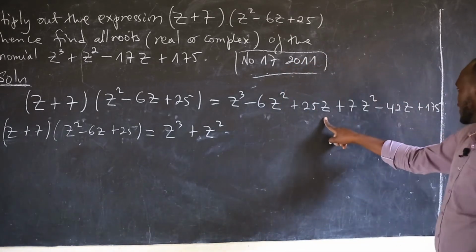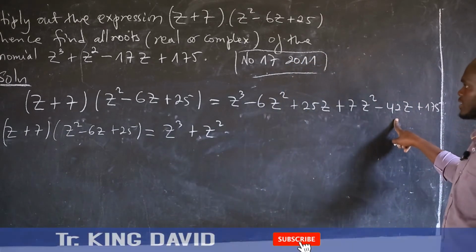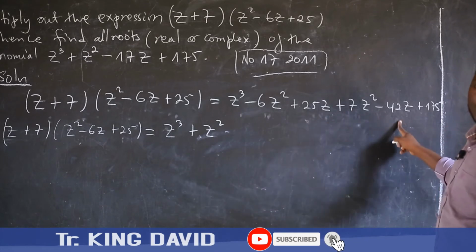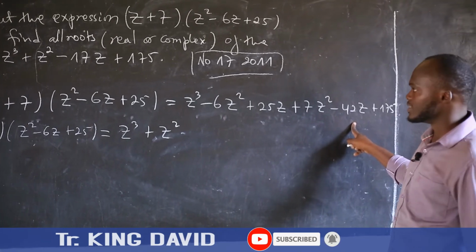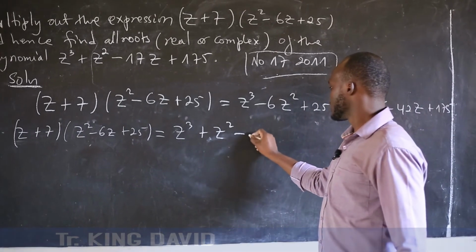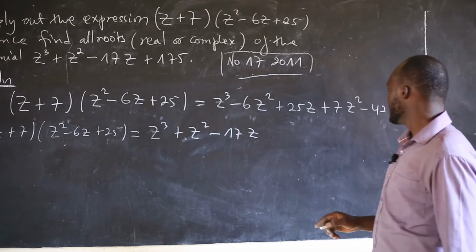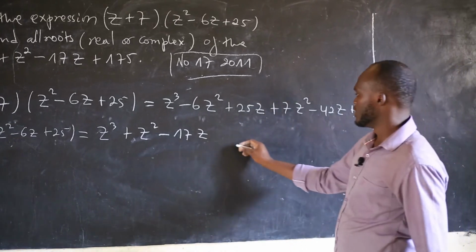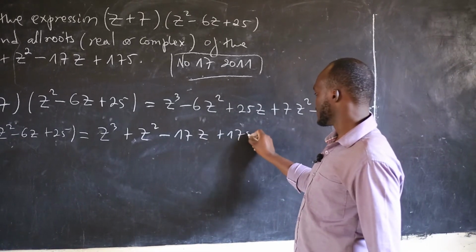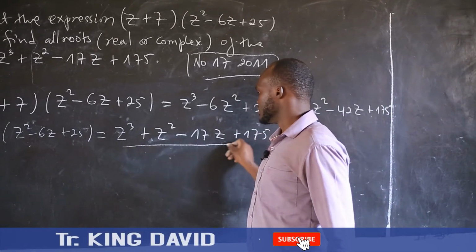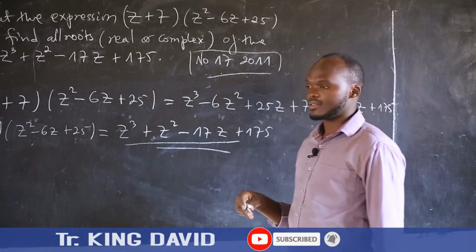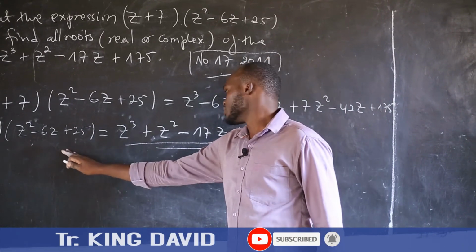So we have 25z minus 42z. So 25 minus 42, that is negative 17z. Then plus 175. So that is the expansion of this one.